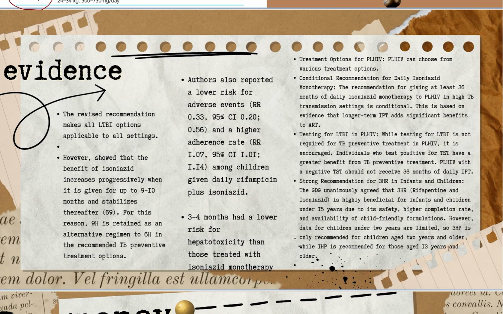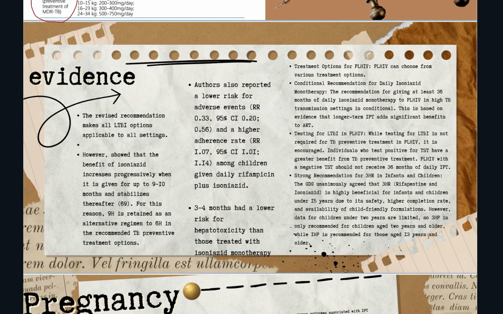Moving on to its evidence. The revised recommendations make all latent TB options applicable to all settings. However, studies showed that benefits of isoniazid increase progressively when it is given for up to 9 to 10 months and stabilize thereafter.